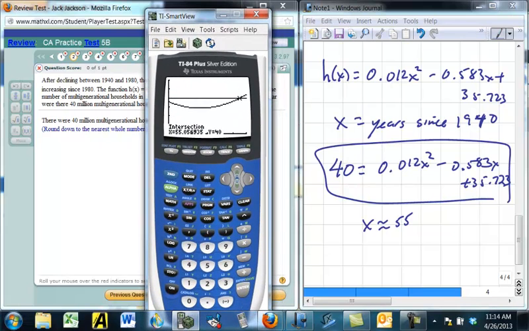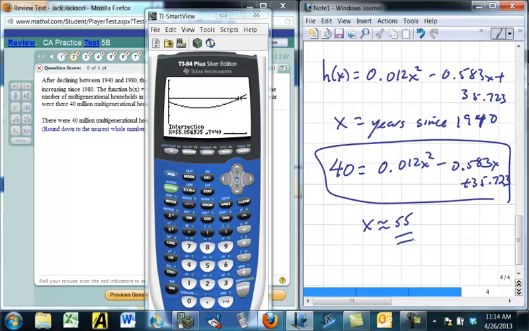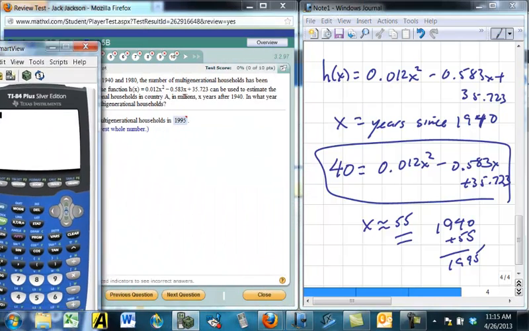So I think the only one they're looking for is when x is 55. Of course, that's since 1940, so 1940 plus 55 is 1995. And that's what we have for the answer there.